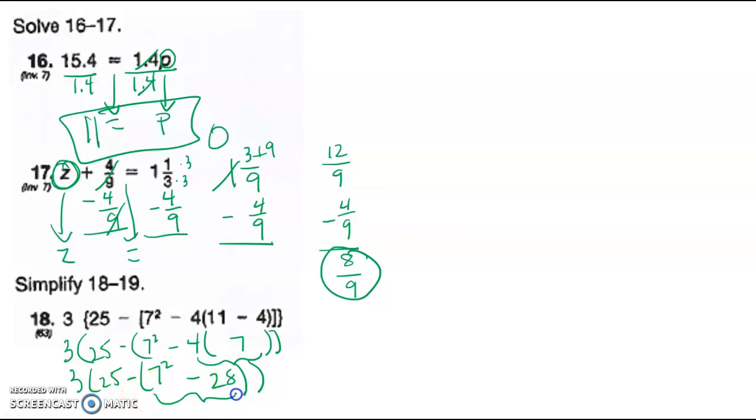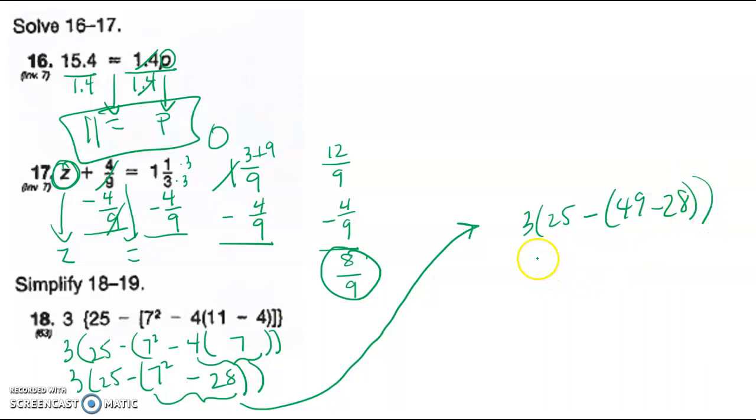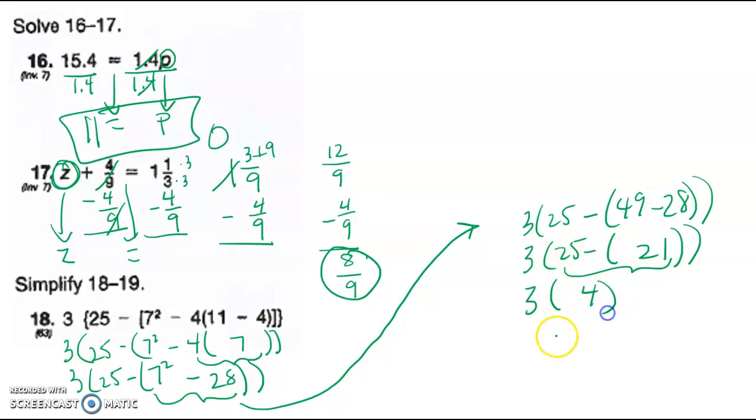And then I have to do this part. So let me bring this up here because I ran out of room. So I have 3 times 25 minus 49 minus 28. 3, 25 minus 21 is 4. So I get 12.